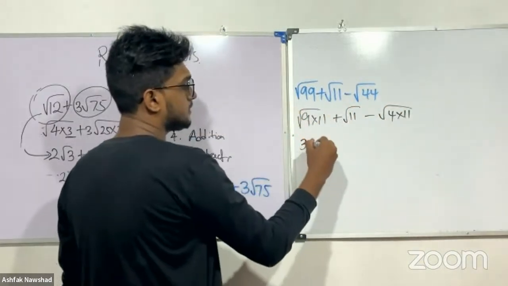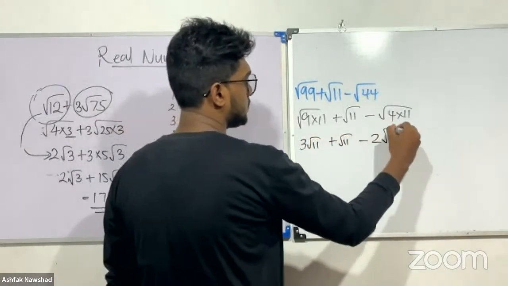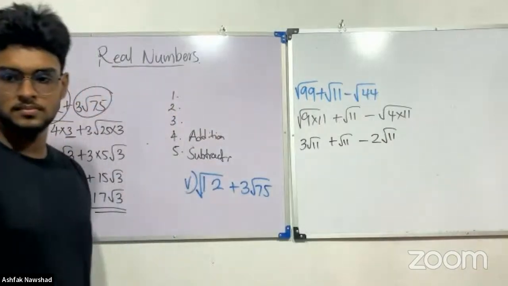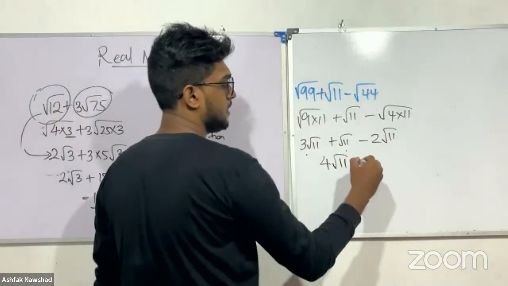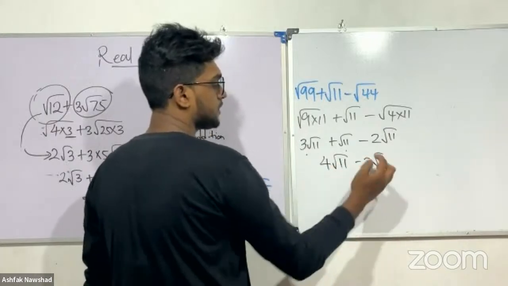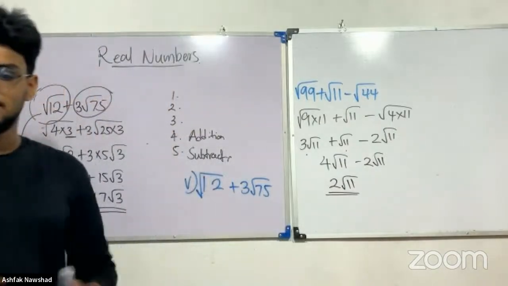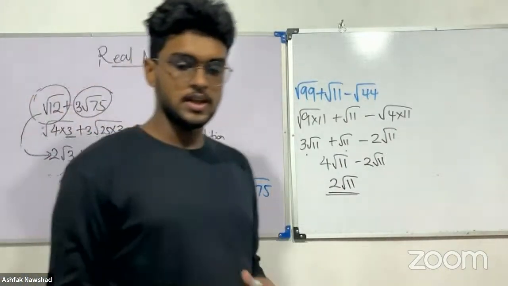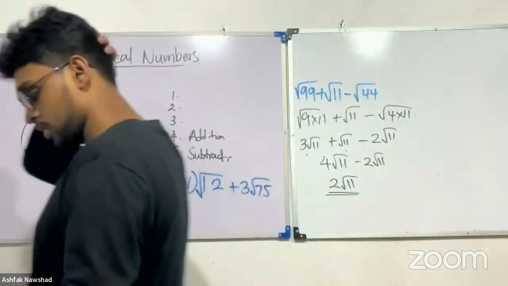If you take 9 out, that is 3 root 11. If you take 4 out, that is 2 root 11. So 3 root 11 plus root 11 is 4 root 11, minus 2 root 11. 4 minus 2 is 2. The final answer would be 2 root 11. Okay, we are good to go.